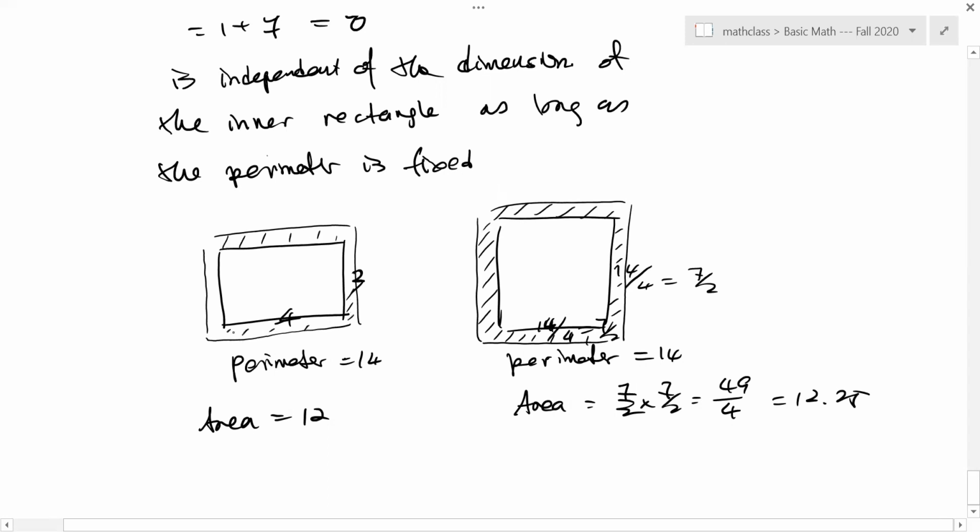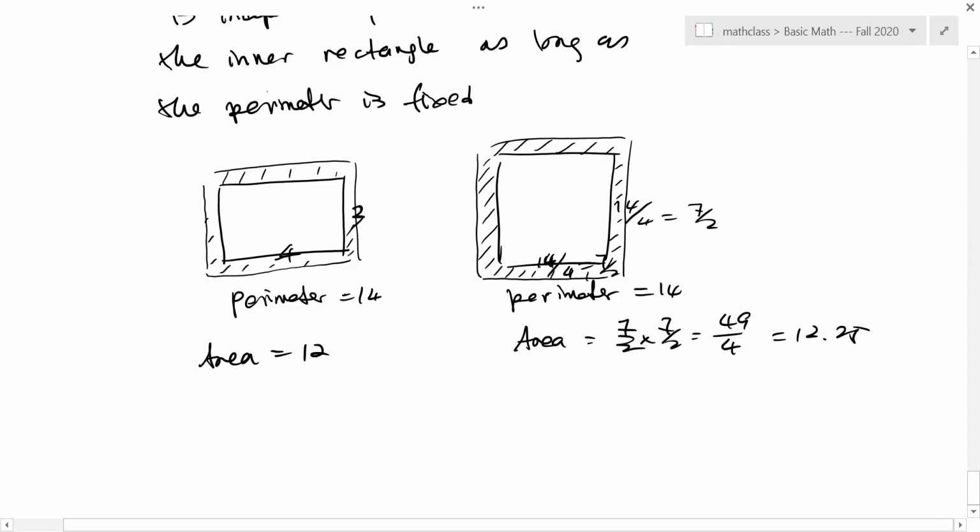Suppose the width of the sidewalk is going to be 1/2 foot.